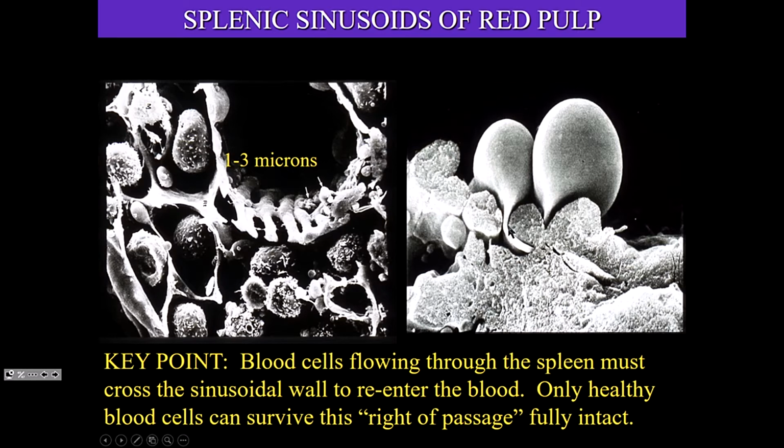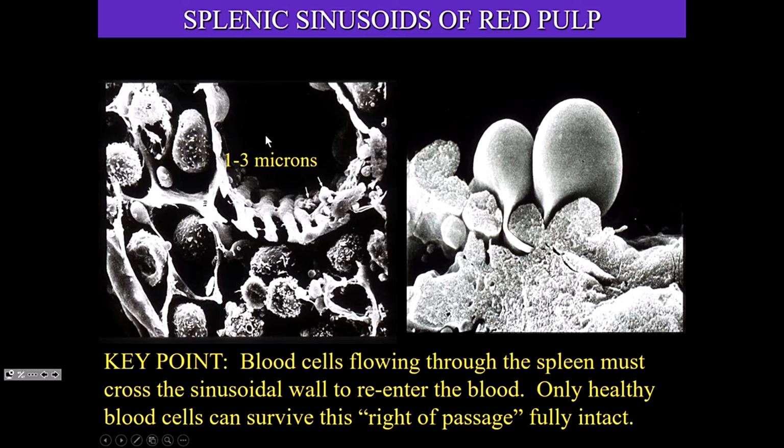If these red blood cells are less than 120 days of age, they're still relatively flexible. Remember, we talked about the flexibility of red blood cells when we talked about red blood cells as part of hematology. So if they're still flexible, less than 120 days or thereabouts, they can squeeze back into the lumen of the sinusoid and then exit into the veins.